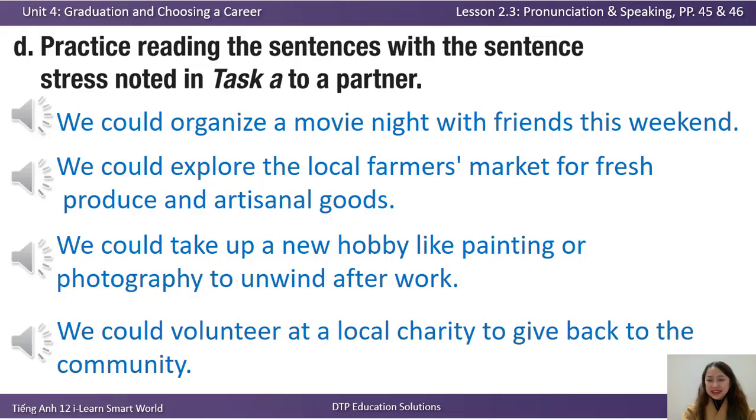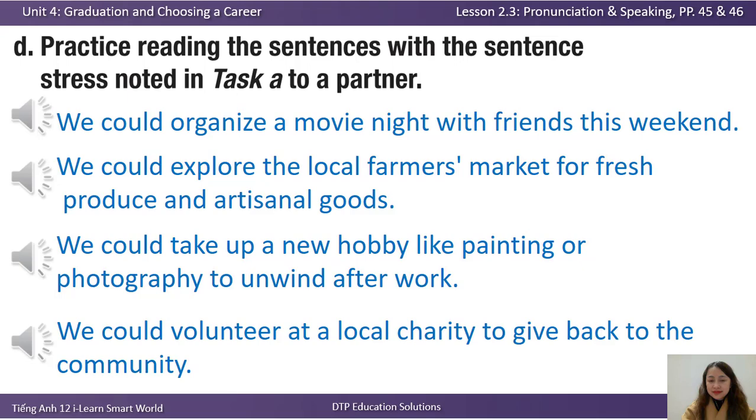We could organize a movie night with friends this weekend. We could explore the local farmers market for fresh produce and artisanal goods.